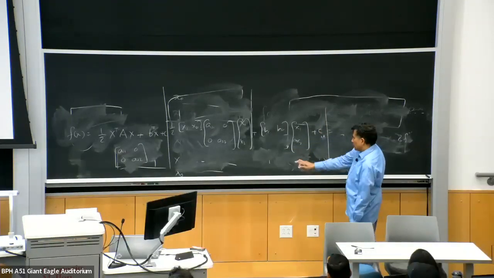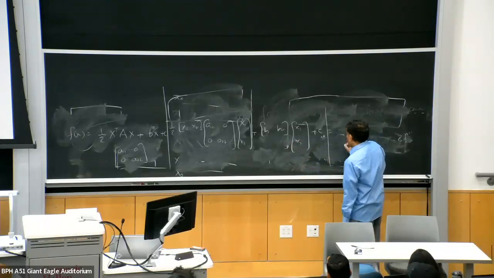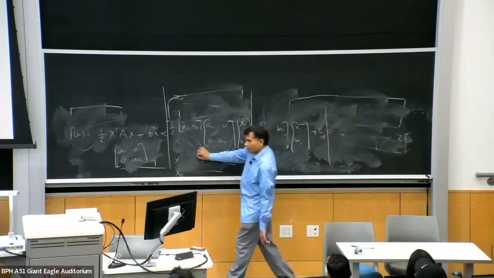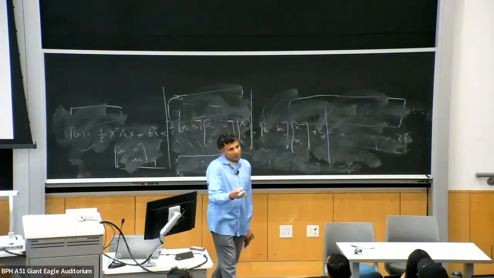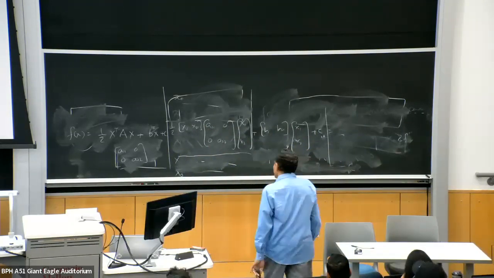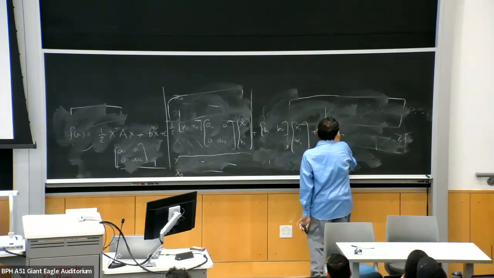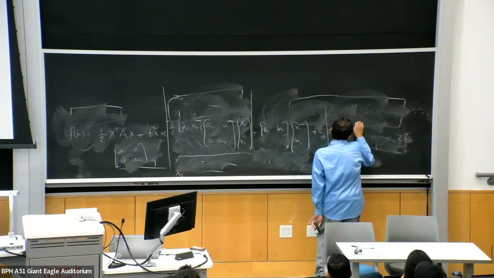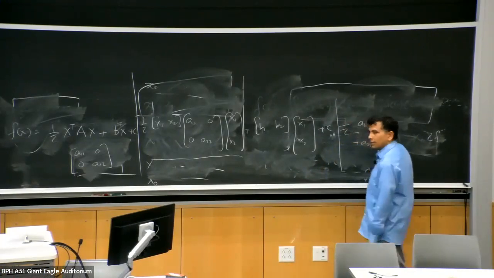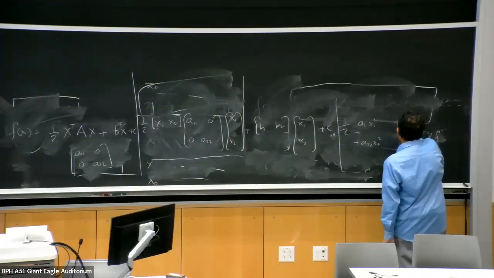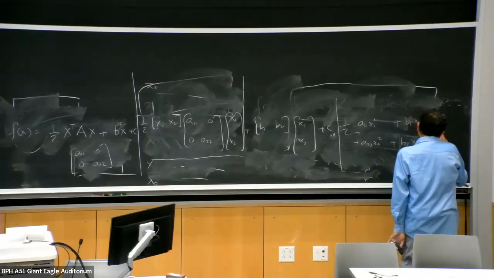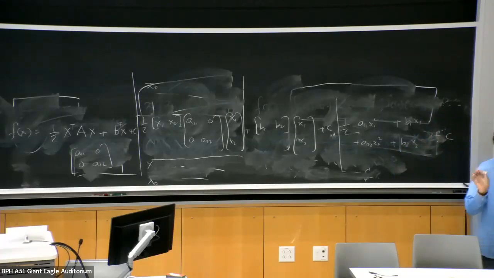Matrix multiplication, you can't have forgotten. This is going to become half of A11 x1 squared plus A22 x2 squared, right? Plus b1 x1 plus b2 x2 plus c. Correct? This making sense?